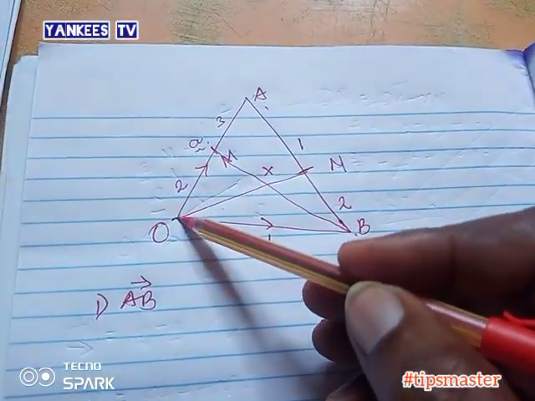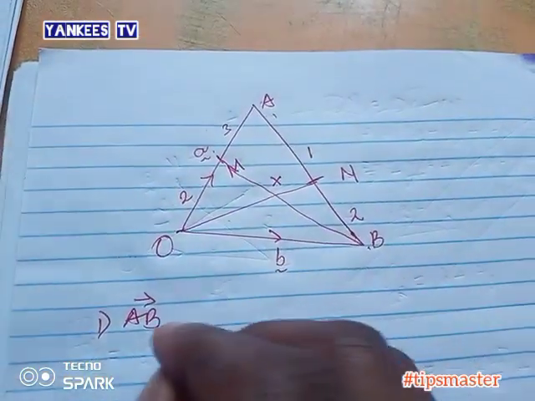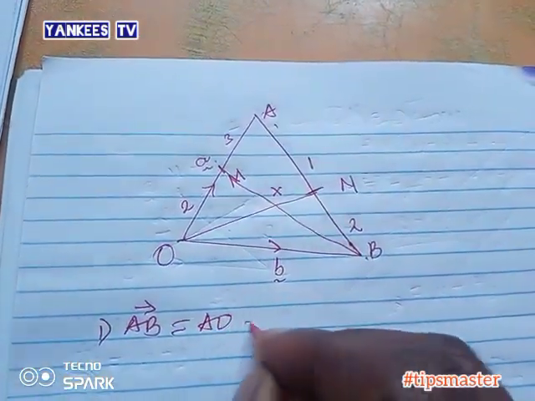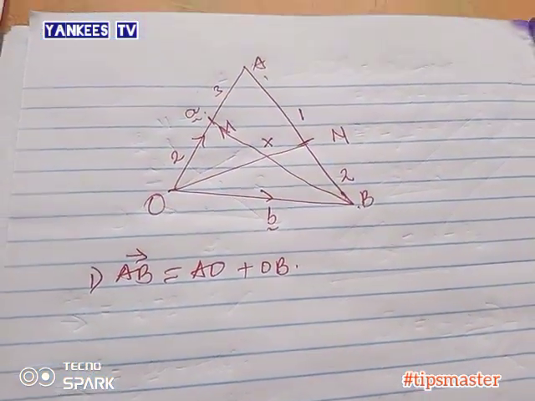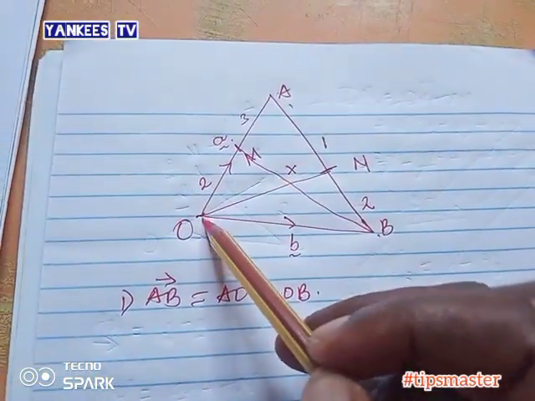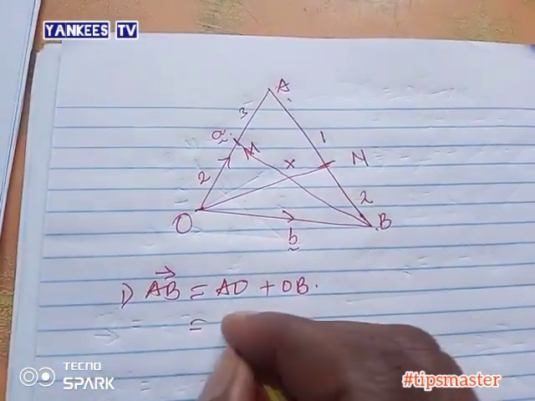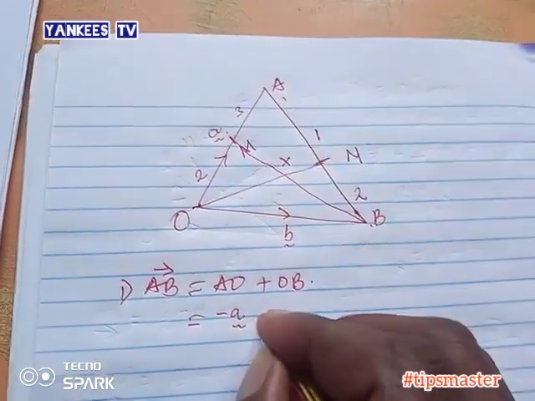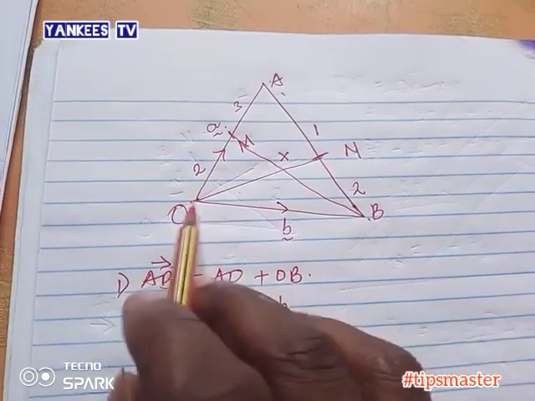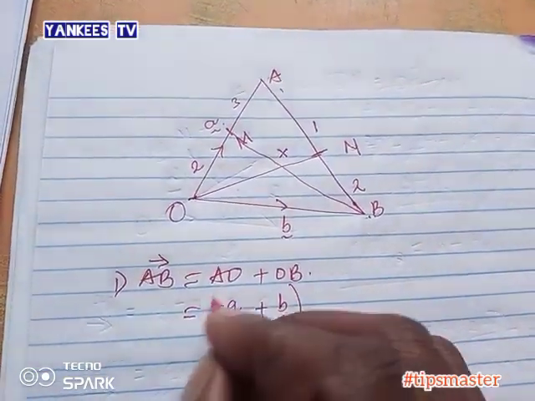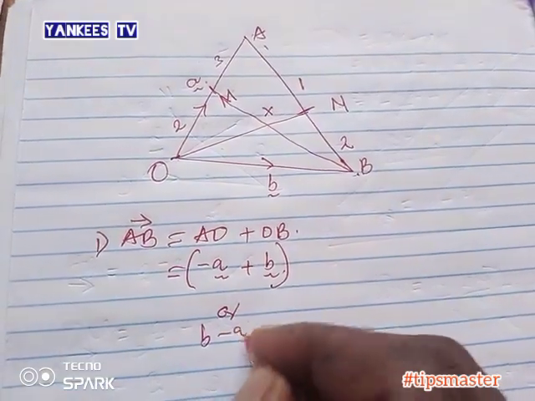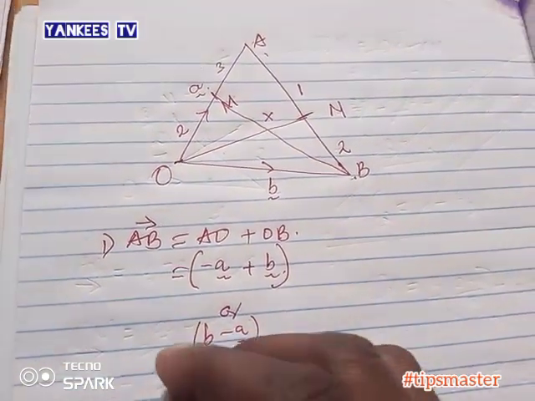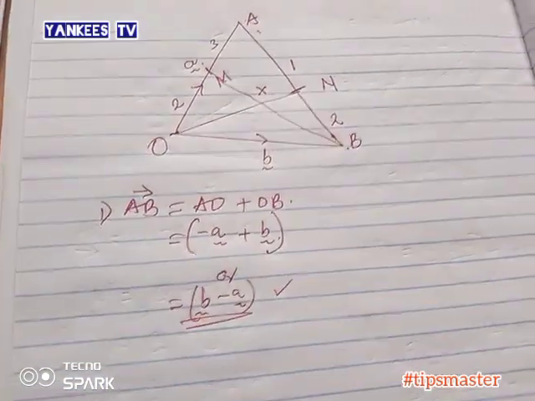We have to go to O, then to B. So it shall be AO, then OB. What is the vector of OA? Remember, when we go against the vector, it becomes a negative. Direction here matters. Plus vector B. So it shall be minus A plus B, or B minus A in vector form.